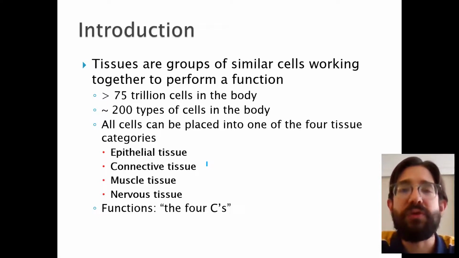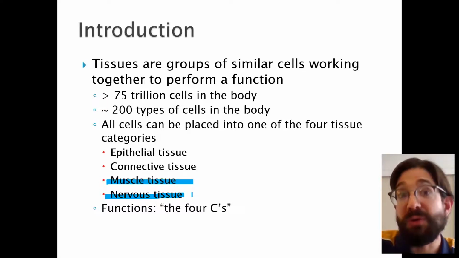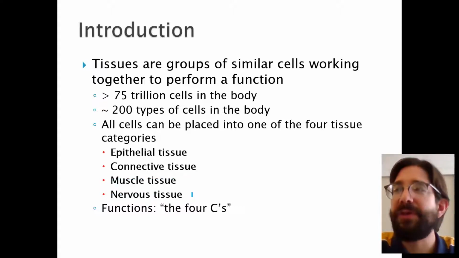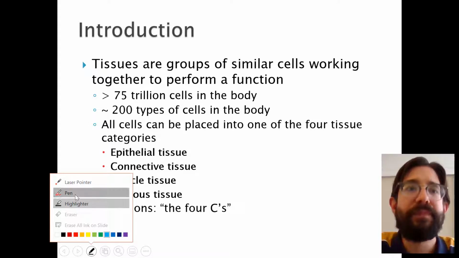And you're welcome to tweak the language here a bit. You could call muscle tissue muscular tissue. You could call nervous tissue neural tissue if you'd like. And our goal right now is just to summarize in one word, maybe 2 words, what each of these tissue types have as their function.